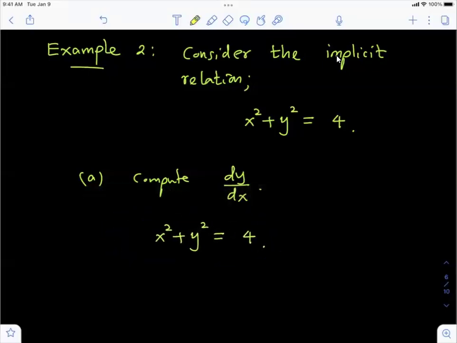And don't forget, what is the first step? To get to the answer, the first step, I'm gonna write d by dx in front, and I'm gonna write d by dx in the right hand side as well. So that simply means, in simple words, I'm taking the derivative with respect to x of both sides.